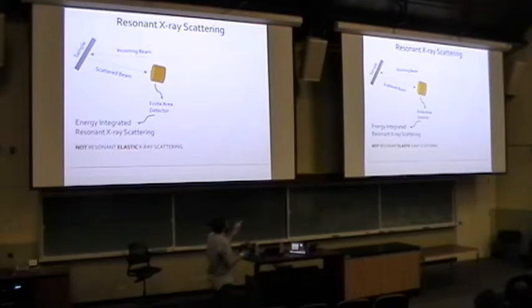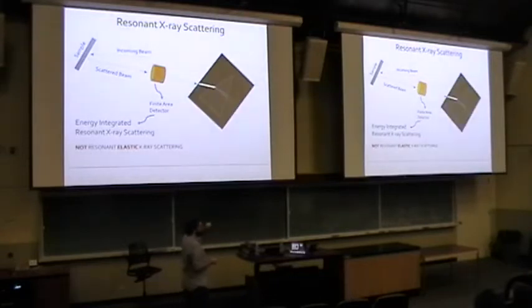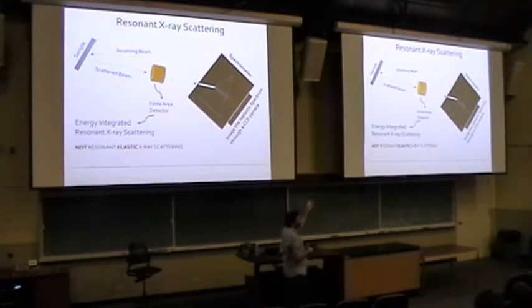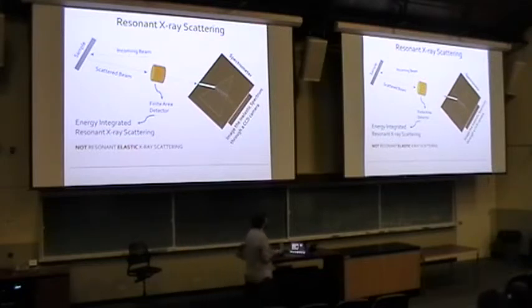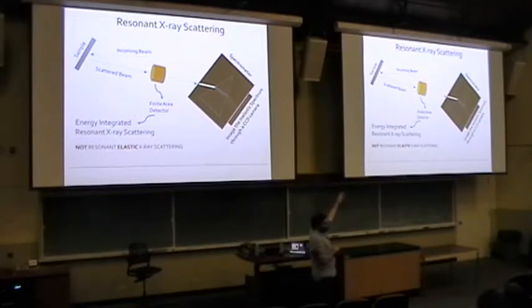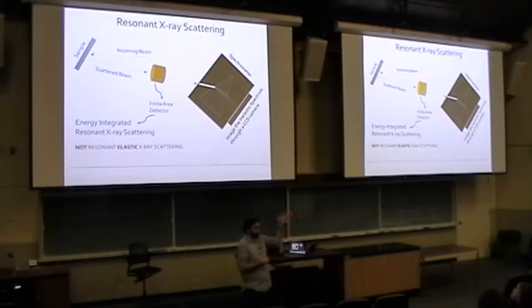So far I was talking about energy-integrated resonant X-ray scattering, but now instead of collecting all those photons, I do spectroscopy. This is not quite the prism and the candle experiment, but the principle is similar. I'm going to take those photons and put them through a spectrometer that spreads them out spatially depending on their frequency or energy, okay?